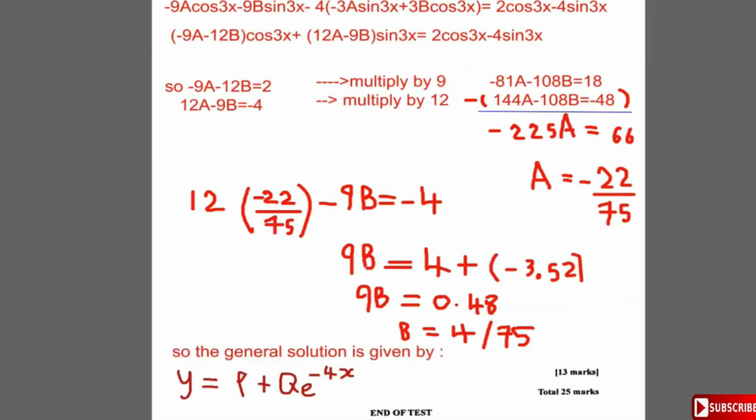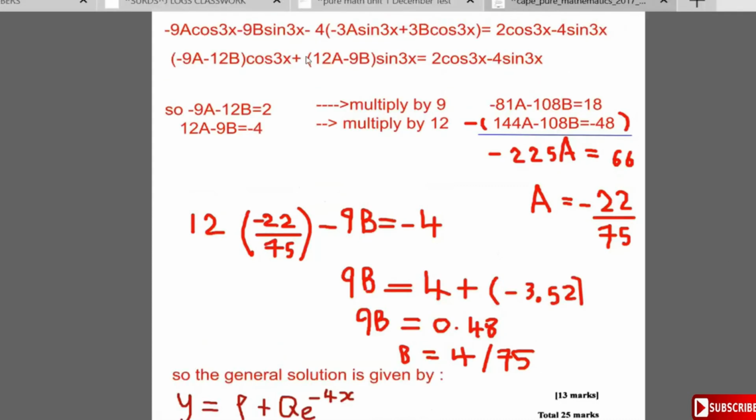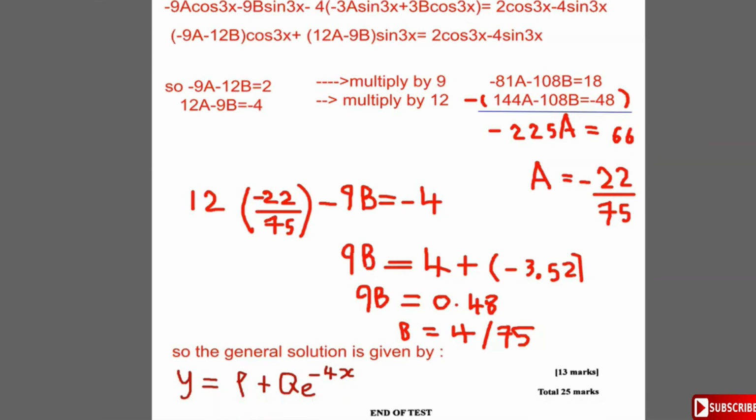So with a being minus 22 over 75, plus minus 22 over 75 cos 3x, plus b, which is plus 4 over 75 sine 3x.